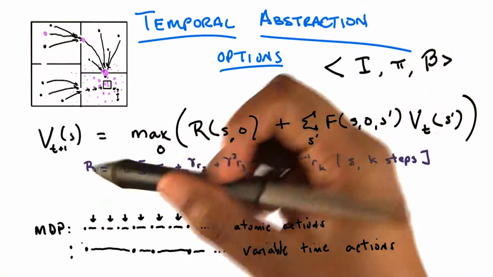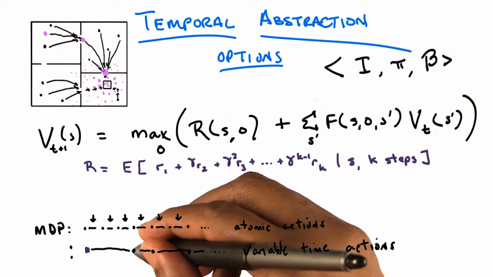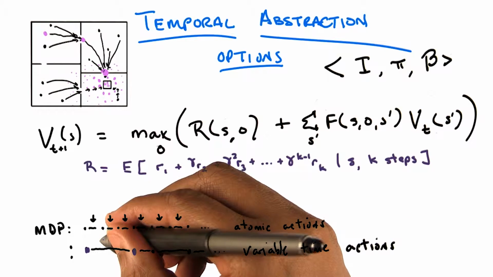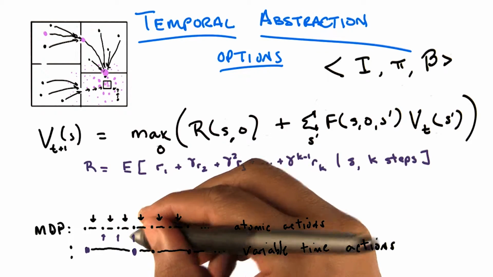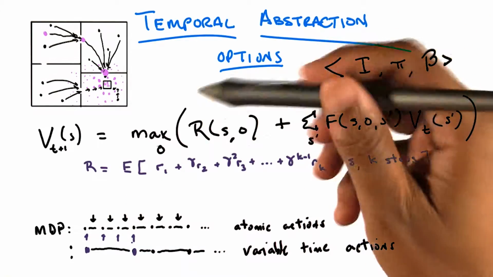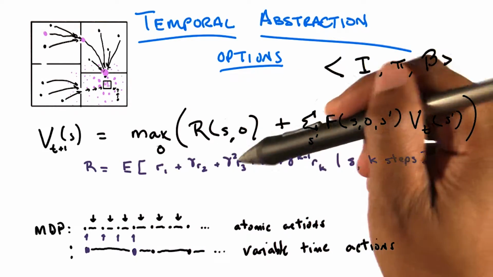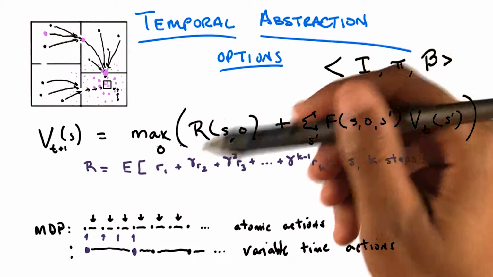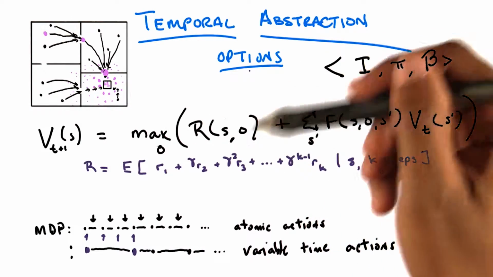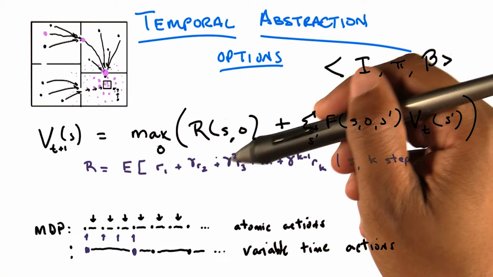So even though from the outside I start in this particular state, some time passes and I end up in this state, what's actually happening along the way is I'm visiting every single one of these states and picking up reward along the way. But we need to be able to discount that reward, and so the discount factor is hidden inside of the reward function. So this is as if, rather than executing the option, I had actually just executed all the atomic actions that the option itself will in fact execute. And then you'll call that sort of one bolus of reward.